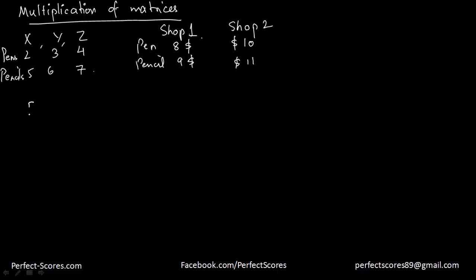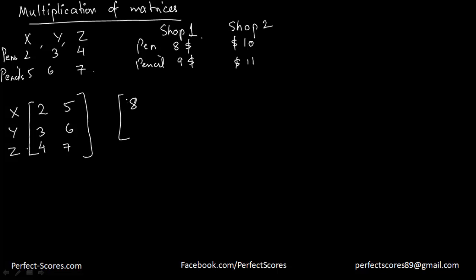So I'm going to have my matrix here. First, I'm talking about X, Y, and Z. X has 2 pens and 5 pencils. Y has 3 pens and 6 pencils. Z has 4 pens and 7 pencils. And I have 2 shops here.